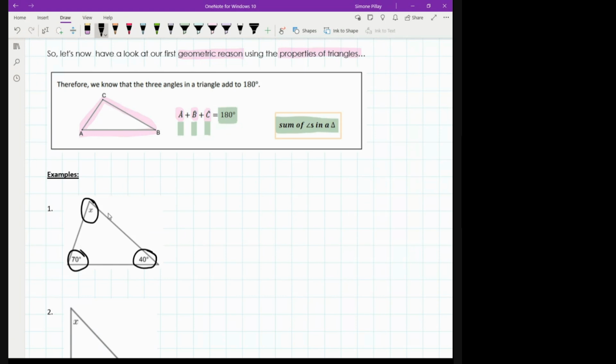The minute there's only one unknown angle in a triangle, this rule can help you, because it means that the first angle plus the second angle plus my third angle is going to equal 180 degrees. Why am I saying that? Because of the sum of angles in a triangle.